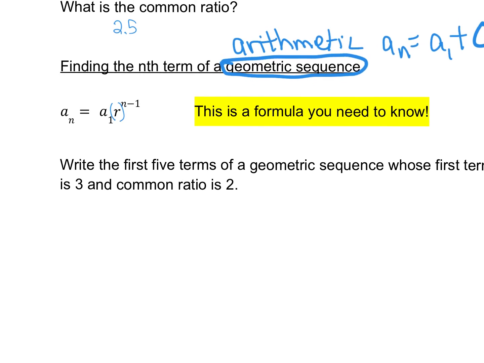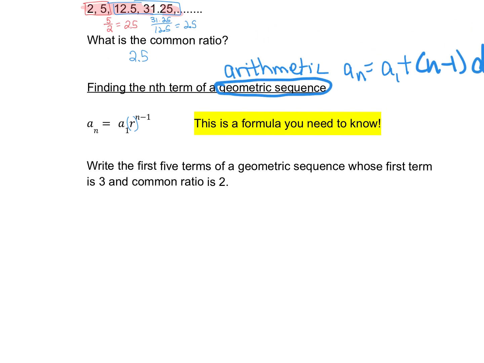Okay, so if I wanted to write the first 5 terms of a geometric sequence whose first term is 3 and a common ratio of 2, that means my first term is 3 and my common ratio is 2.